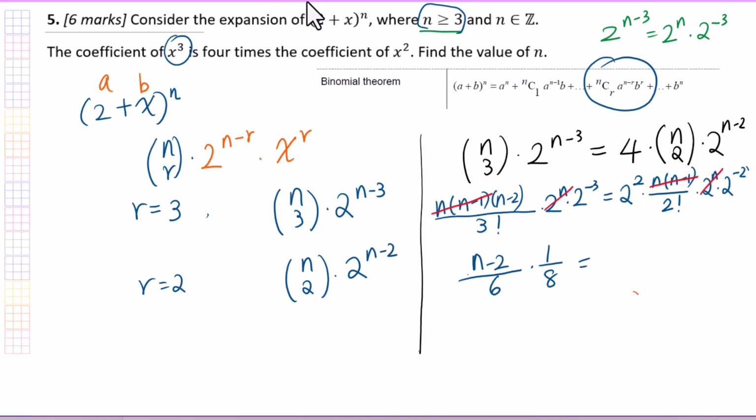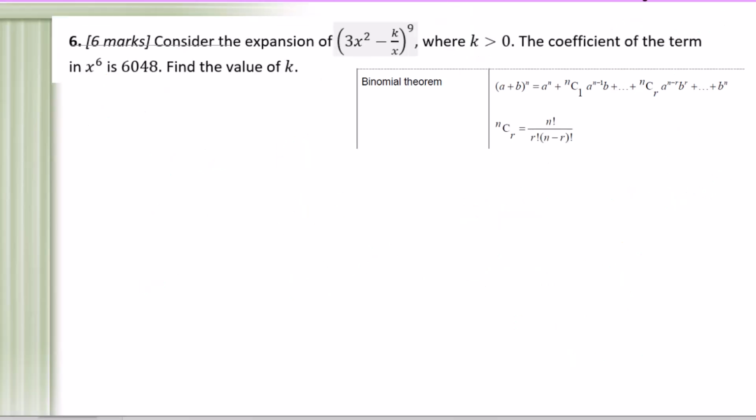On the right, 2 squared times 2 to the negative second power is 1, so we got 1 over 2. Then multiply by 48 on both sides, so we get rid of the 6 and 8. n minus 2 equals 24. n equals 26. Let's go to question 6.